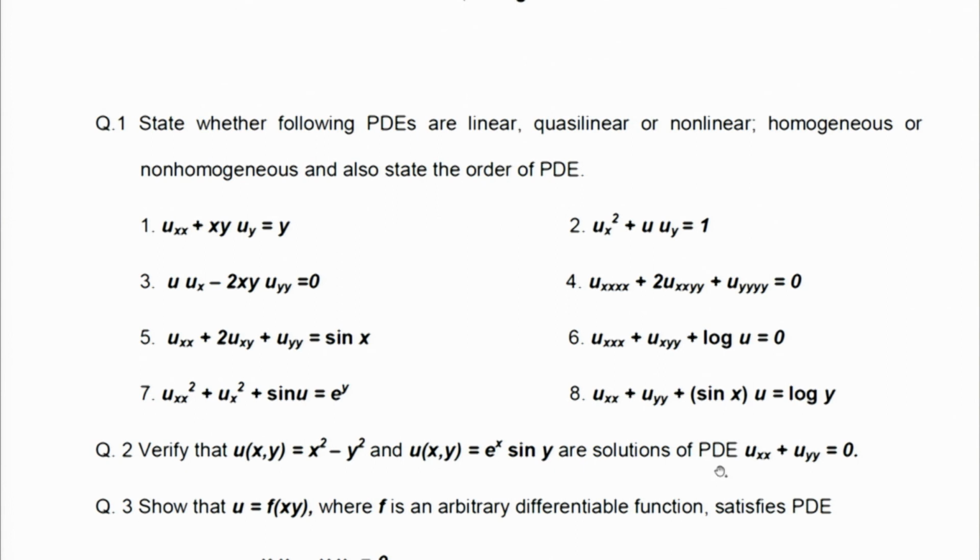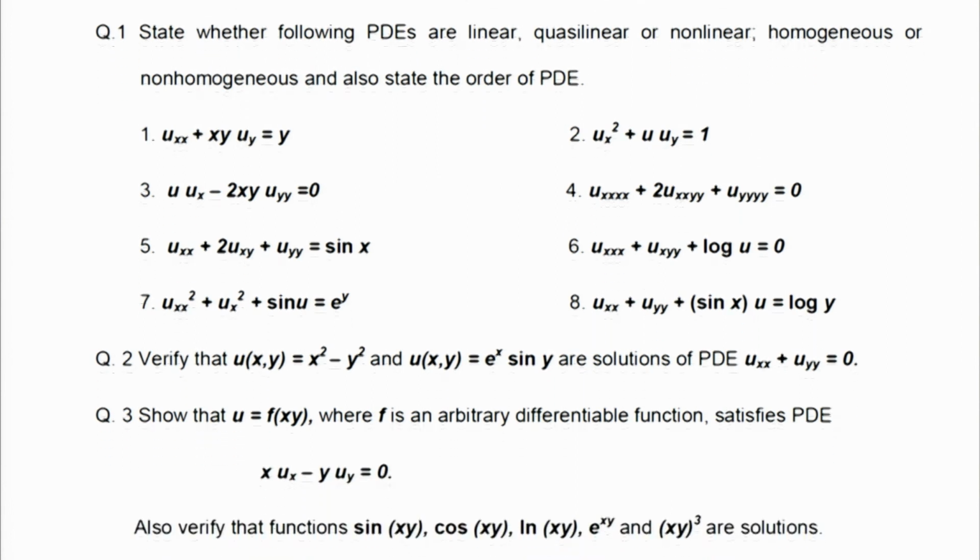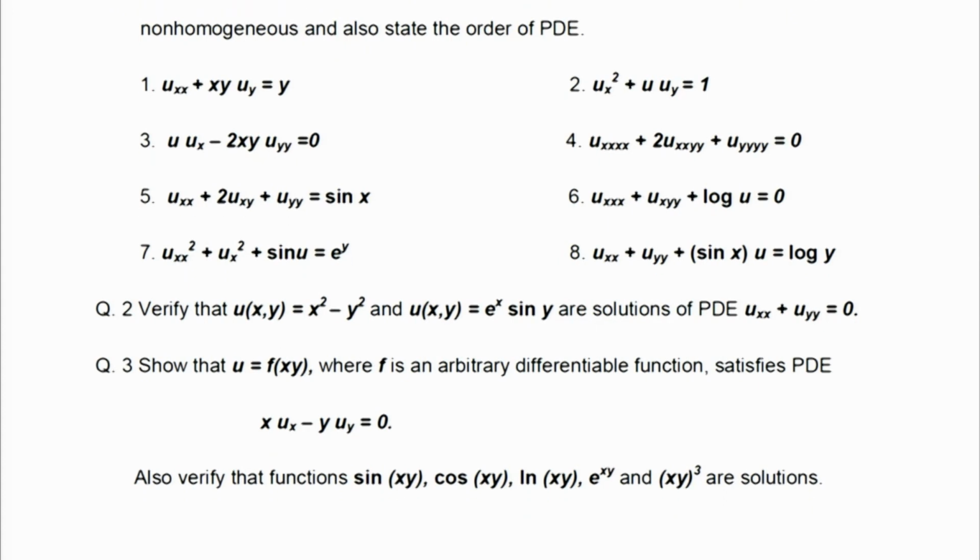And in question 3, you are required to show that u as any function of the product of x and y independent parameters, where f is an arbitrary differentiable function, satisfies the first order partial differential equation x u x minus y u y equal to 0.